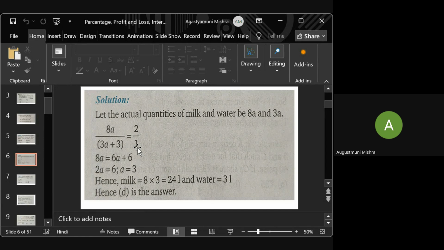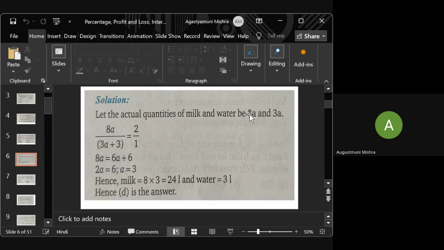Now you are just going to change the equation here and there. 1 into 8A, and that bracket will go to this side, so it will be 2 into 3A, 6A, plus 2 into 3, that is 6. Then you shift this 6A to that side, so 8A minus 6A, that is 2A, equals 6. Again this 2 goes to this side, so 6 upon 2, that is 3.